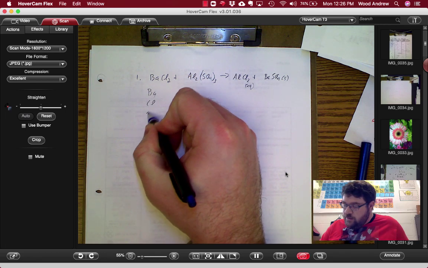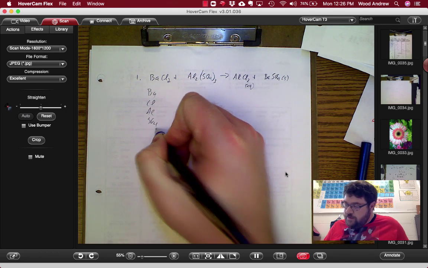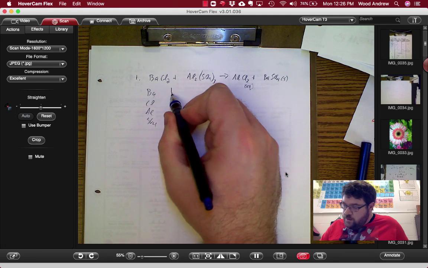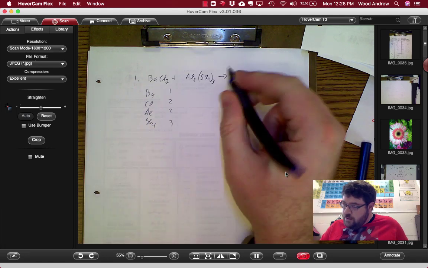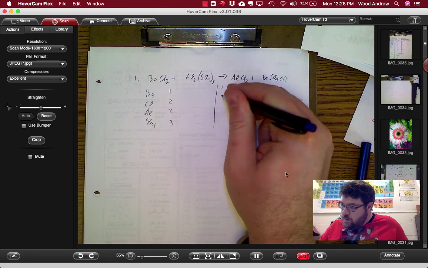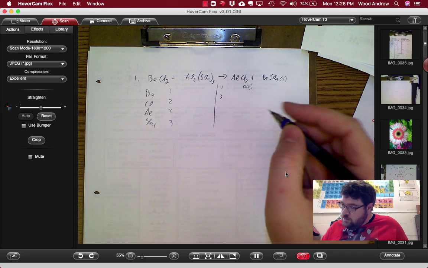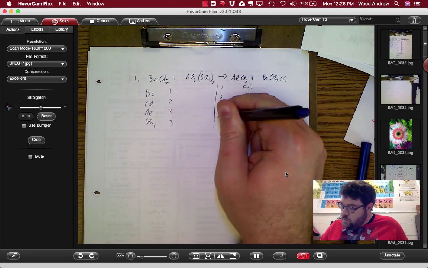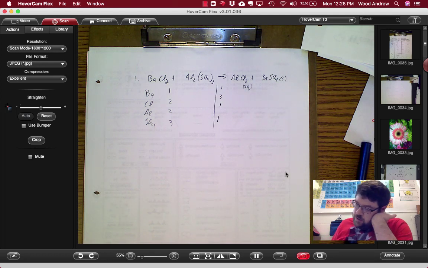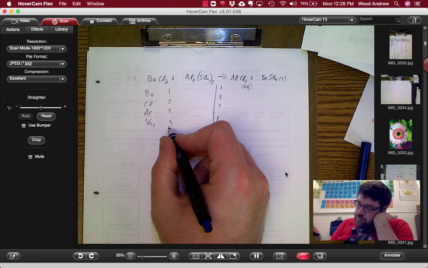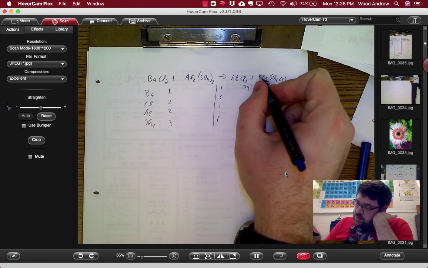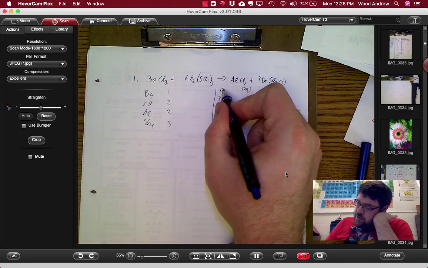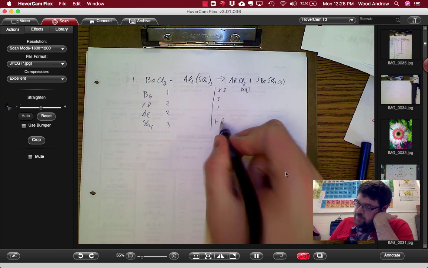Barium, chlorine, aluminum, sulfate: 1, 2, 2, 3. 1, 3. 1, 1. All right, metals first, but the bariums are okay. So let's go on to the sulfates, 3 and 1. This needs to be multiplied by 3. Changes my bariums and my sulfates.